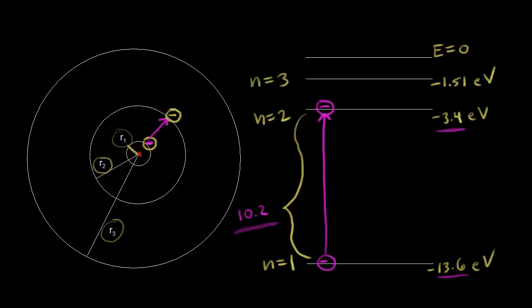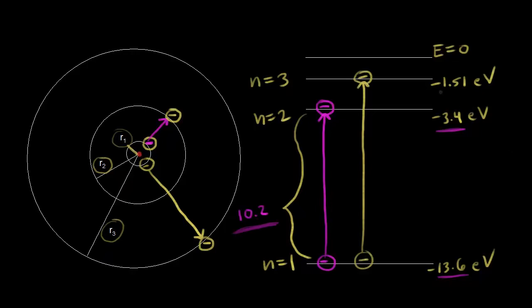All right, let's say you wanted to cause the electron to jump from the first energy level all the way to the third energy level, right? So here's our electron in the first energy level. Let's say we wanted to cause it to jump all the way up to here. So once again, you would have to provide enough energy in order to do that.